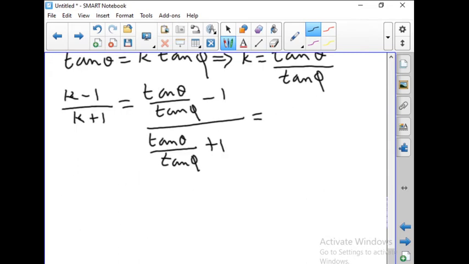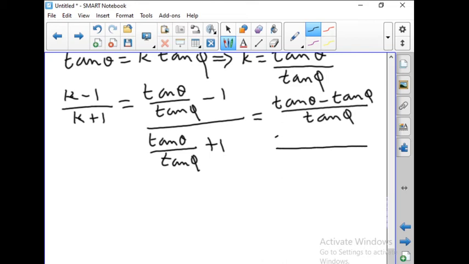So now we can take LCM. Tan phi is the LCM. So we get tan theta minus tan phi by tan phi, and in the denominator also the LCM is tan phi. So we get tan theta plus tan phi.